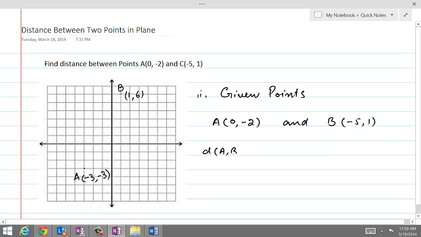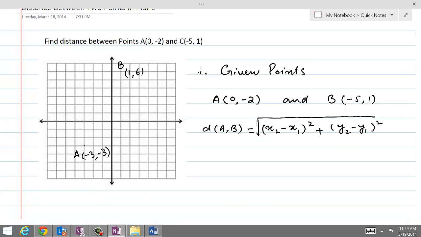and B. The formula for this, which we have already derived, is the square root of (x2 minus x1) whole square plus (y2 minus y1) whole square. So we are going to take the square root of the right-hand side.